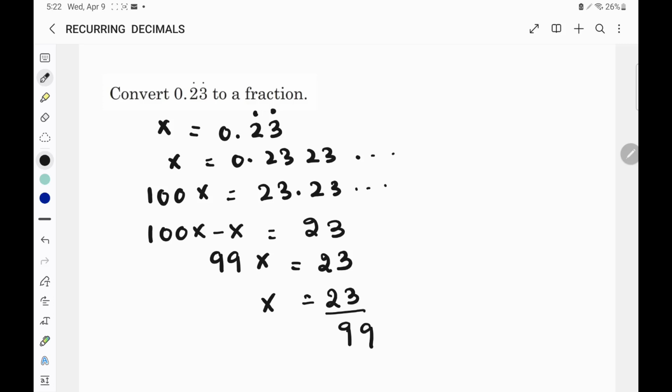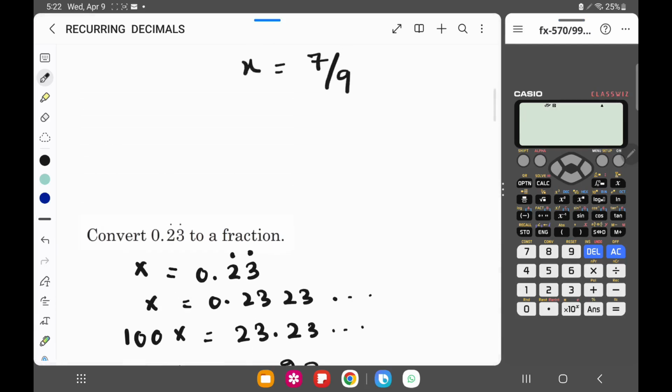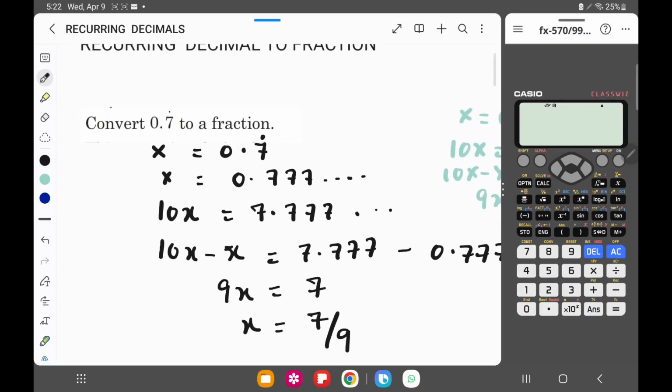So in this question it is the recurring decimal. Now 23 over 99 will equal 0.232323. Let's check these two examples and verify our answers. Actually, you don't need to verify, because in 0580 I think this question can come in paper 2, and in 4024 it can come in paper 1, where the calculator is not allowed.